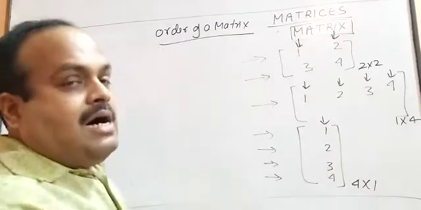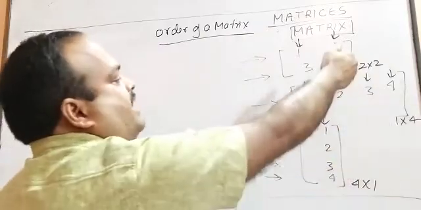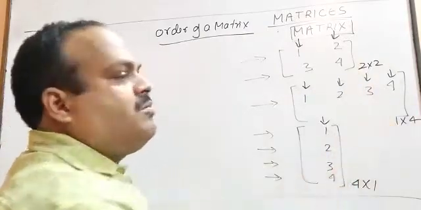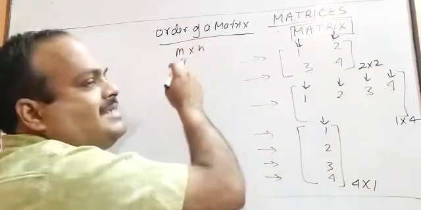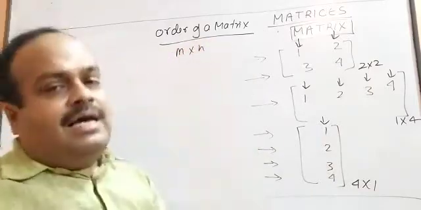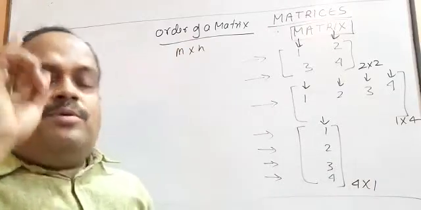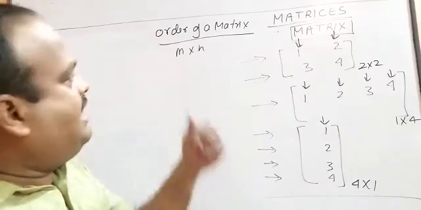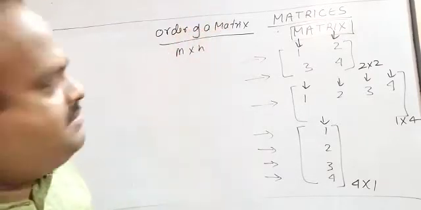So order of these matrices are as 2 by 2, 1 by 4, 4 by 1. It means when I write m cross n, m by n, there are m rows in the matrix and n columns in that matrix.